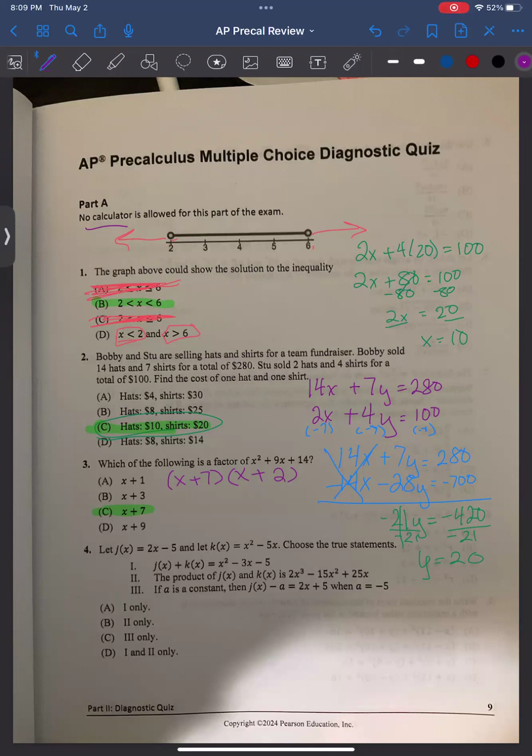All right, number 4, the one everyone hates, the multiple select. It says, let f of x equal 2x minus 5, and let k of x equal x squared minus 5x. Choose the true statements. I'm going to give you some time to think about it, and then we'll go through.